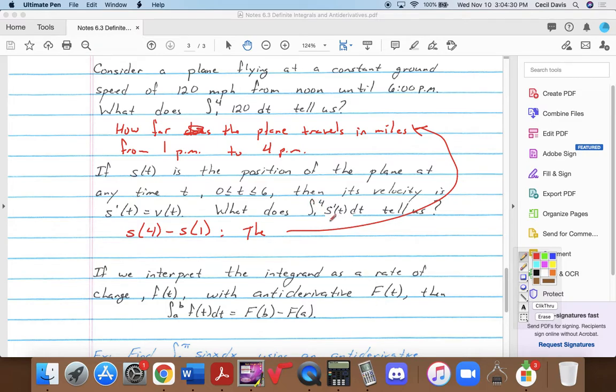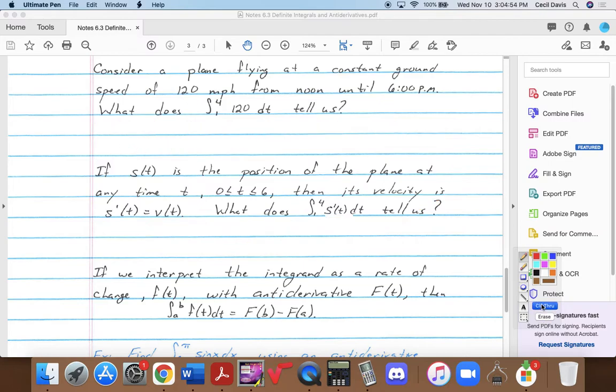So notice that if the integrand is the derivative of something, then if I was able to undo that derivative and evaluate the function, taking the difference, I would find the quantity that I wanted. So think about it this way.